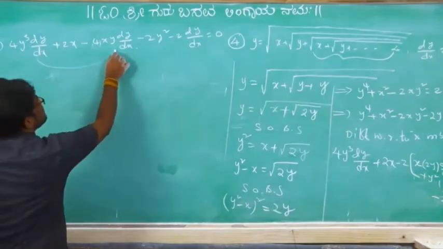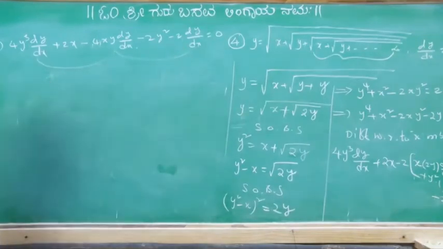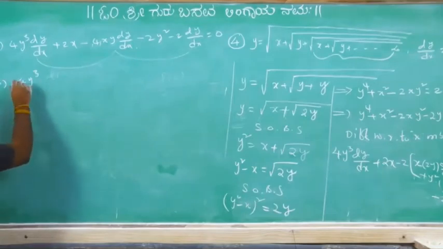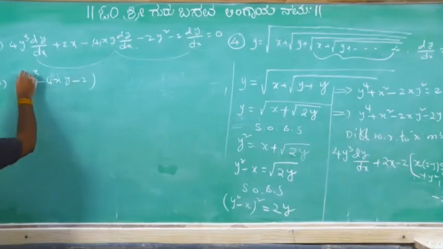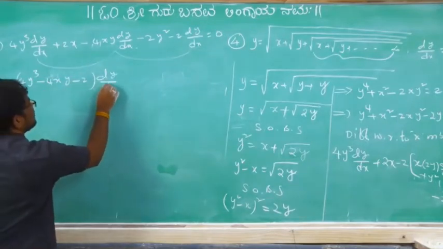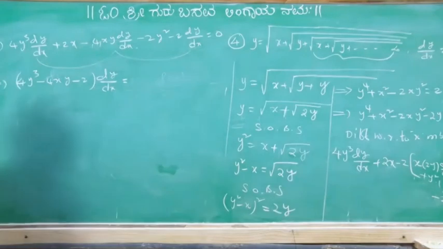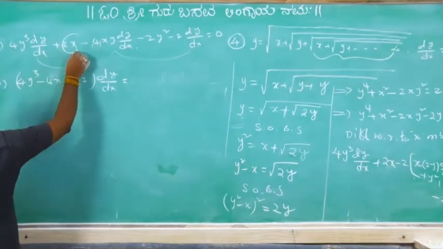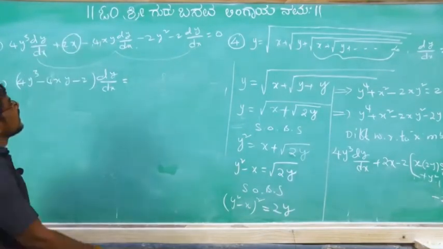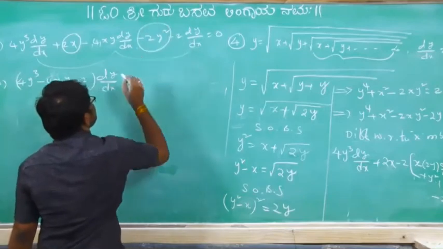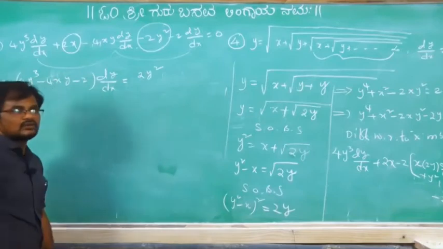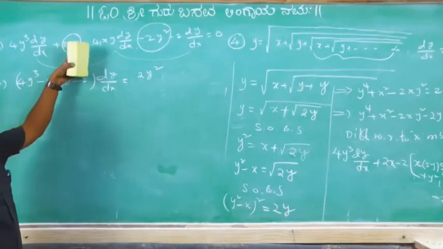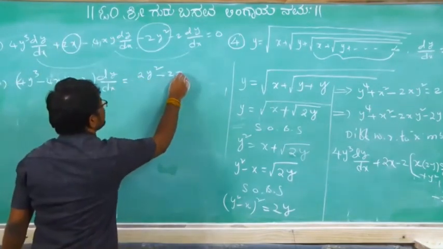Now from these three terms, what can we take common? dy by dx. If you take common, 4y cube minus 4xy minus 2 into dy by dx equals the remaining terms: here 2x is there and here minus 2y square is there. Bring minus 2y square to that side, we get 2y square on the right side, and bring plus 2x to that side, minus 2x.